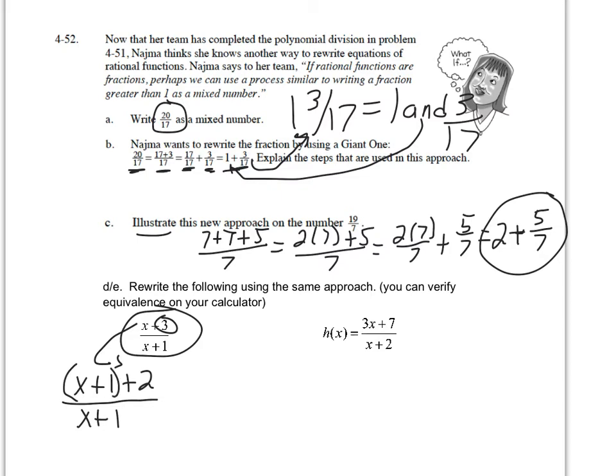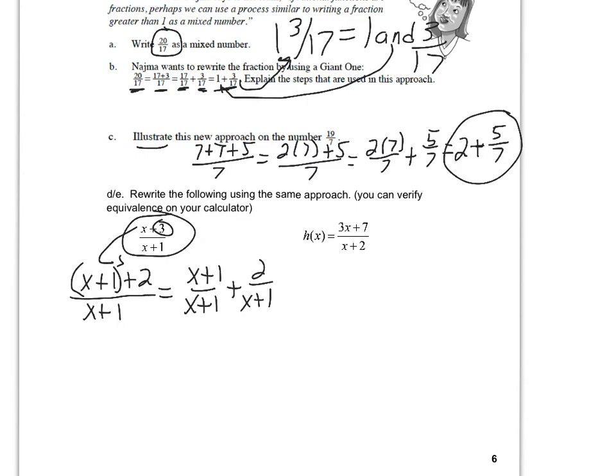If I group the x plus 1, I can rewrite this as x plus 1 over x plus 1 plus 2 over x plus 1, which becomes 1 plus 2 over x plus 1, which really is now my rational expression in a transformed state, where I can identify a horizontal shift of 1 to the left and a vertical shift of 1 up.